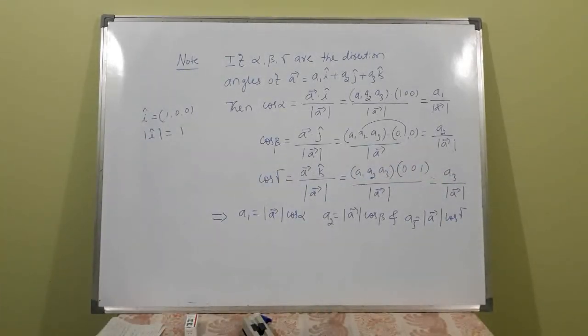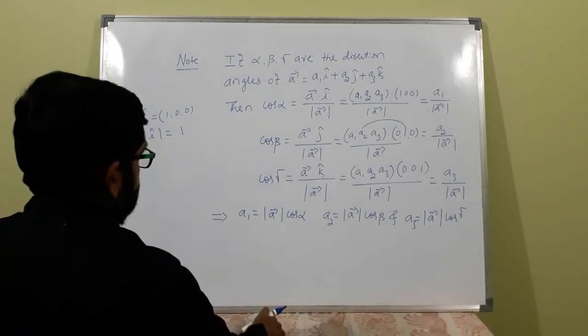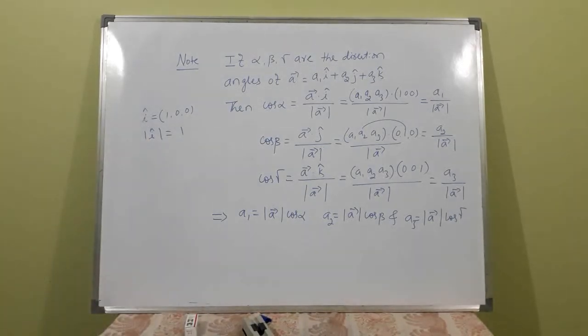Okay. So A1, A2, A3 are the direction ratios. Now A1, A2, A3 are nothing but, okay, it is also direction ratio, and these are the projections of A. We are finding about the projections.